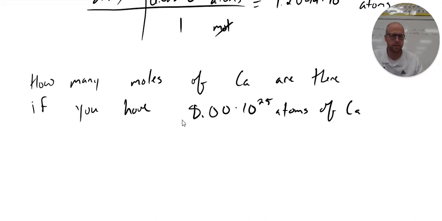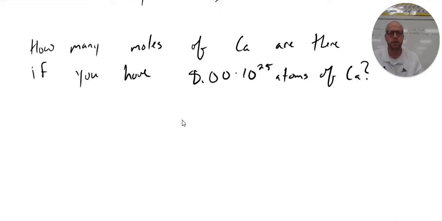So how many moles of calcium are there if you have 8.0 times 10 to the 25th atoms of calcium? We know we can convert from things to moles and from moles to things, because a mole is just a way to count. So let's set this dimensional analysis up.